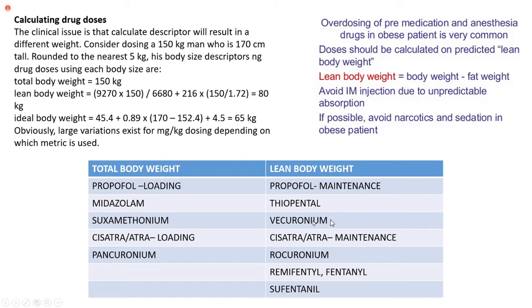Vecuronium, only on lean body weight. Cisatracurium, atracurium, loading dose on total body weight. When you use it as an infusion, you go on lean body weight. Pancuronium, again total body weight, and other drugs like remifentanil, fentanyl, sufentanil, all have to be given only on lean body weight.